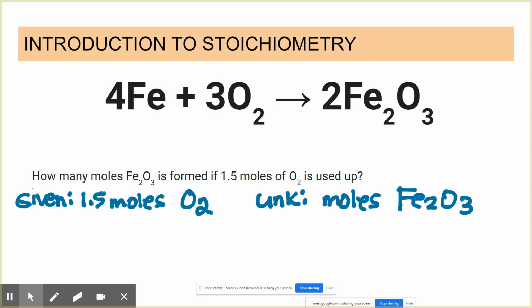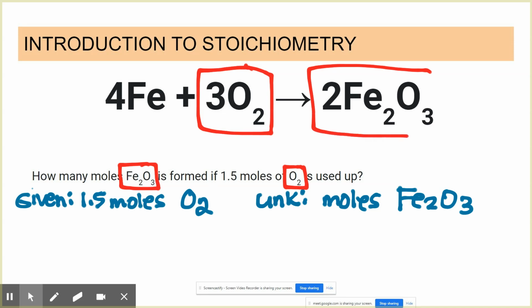The question is how many moles of Fe2O3 is formed if you have 1.5 moles of O2. If you look closely at the problem, we're looking at two compounds here: Fe2O3 and O2. So let's look at our chemical equation and find out where they are. It's right here, O2 and Fe2O3.